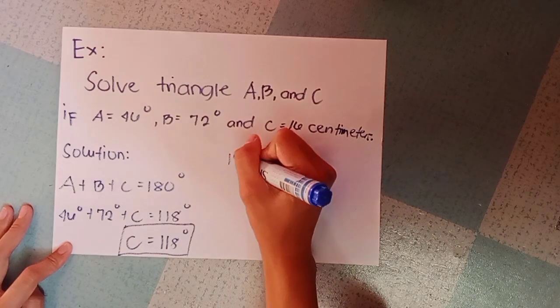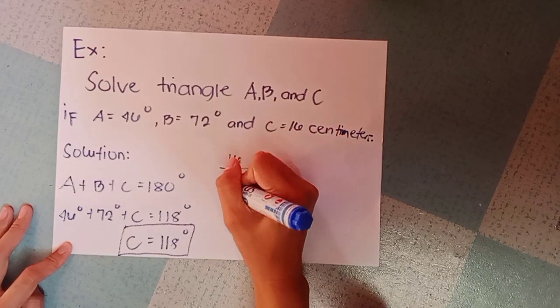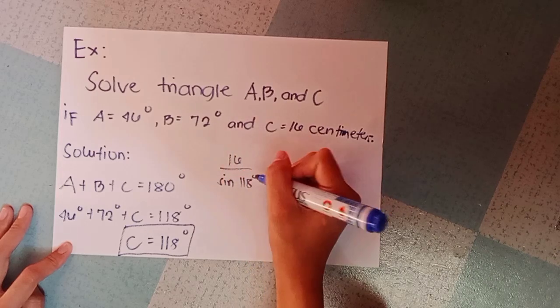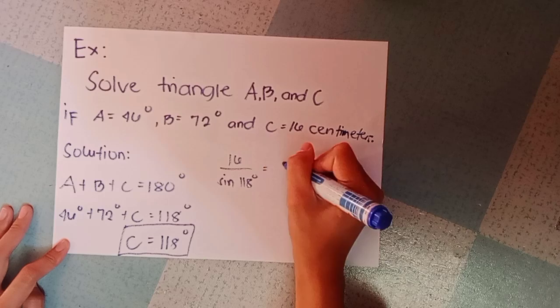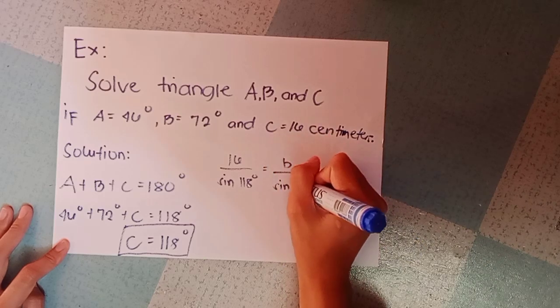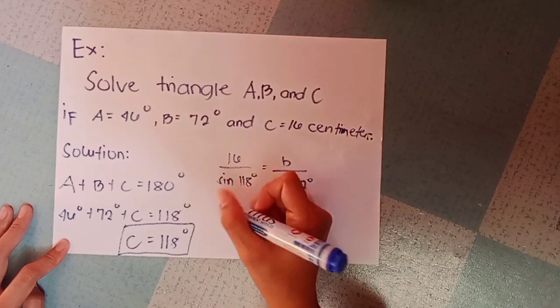Now we will get side b. So the formula we use: side c over sine C equals side b over sine B. So 16 over sine 118 degrees equals b over sine 72 degrees.